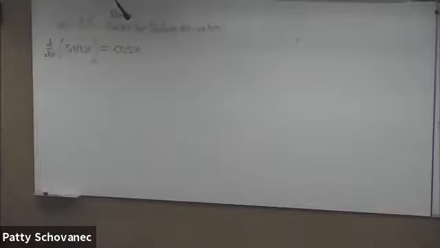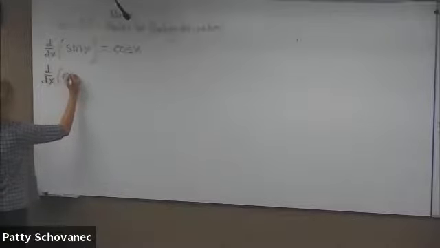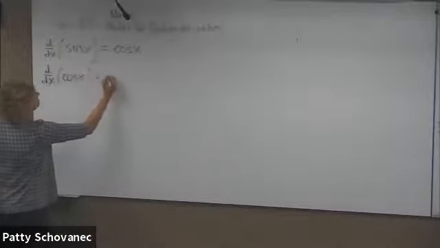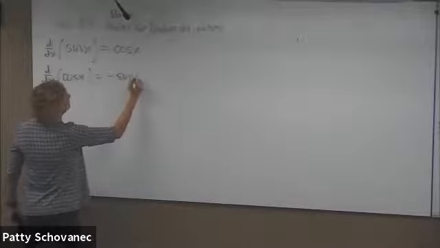The derivative of sine of x is cosine of x. The derivative with respect to x of the cosine of x is minus the sine of x.